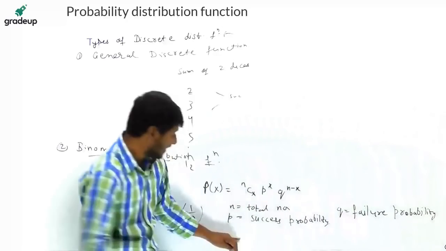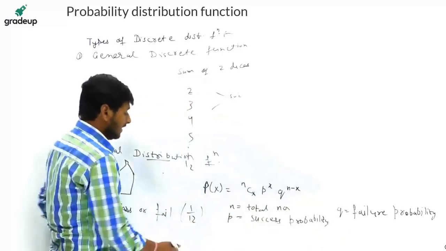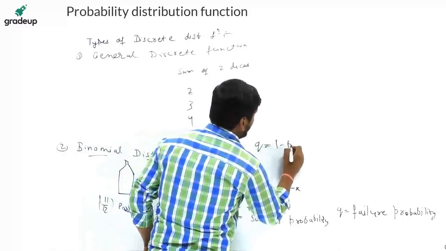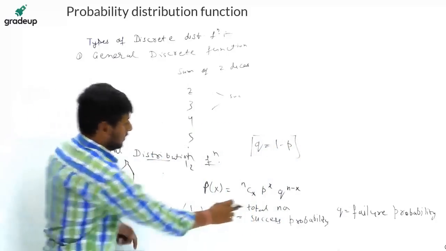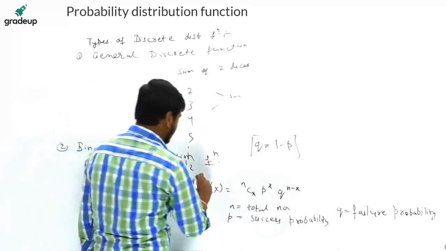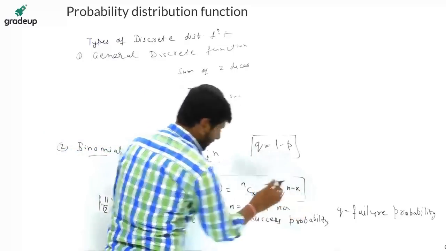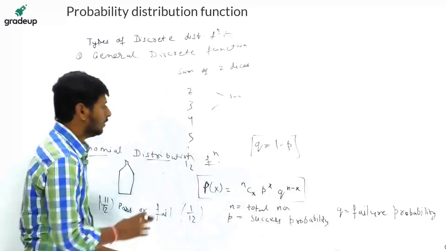If P is success and Q is failure, then P plus Q is equal to 1 only. Then Q is equal to 1 minus P. So you can replace Q here with 1 minus P. This is the binomial distribution function. Okay, clear to everyone?